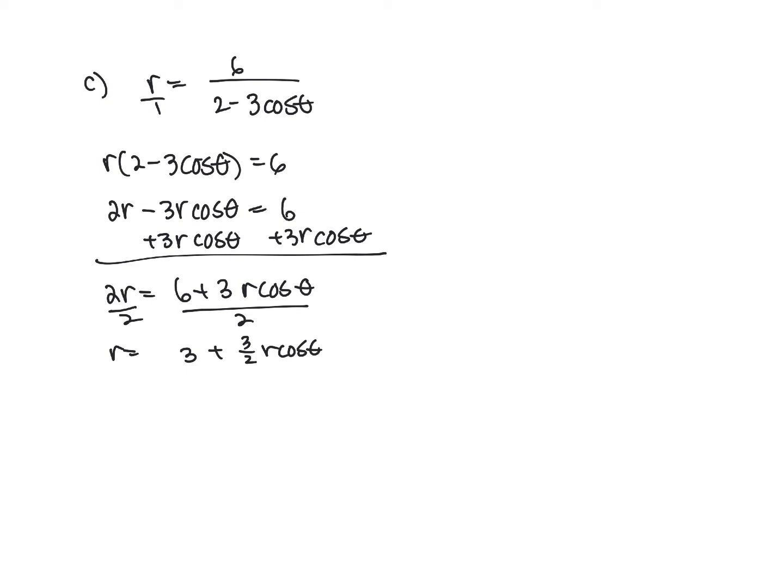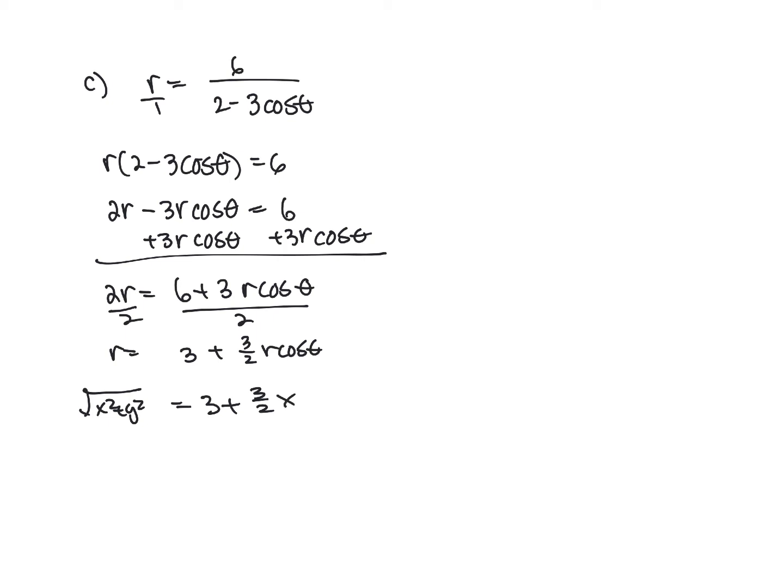So from here, I'm going to replace my r like I did on the last one with the square root. So I'm going to have the square root x squared plus y squared equals, and then 3 plus 3/2, and then r cosine theta is x.